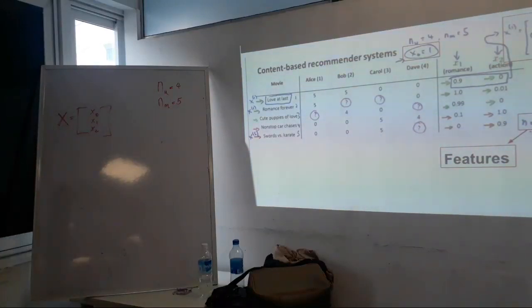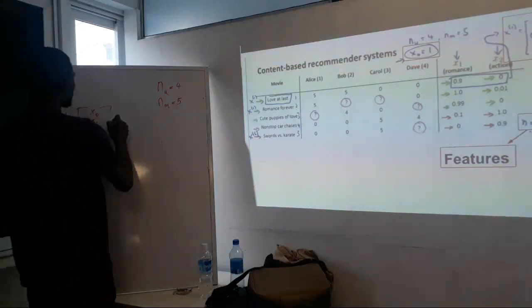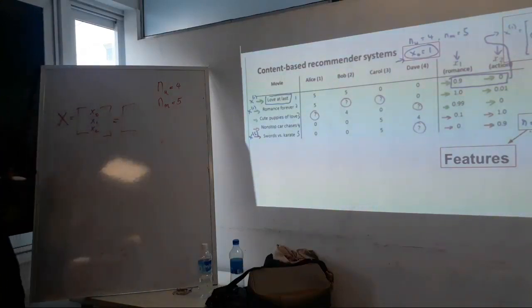Does it make any sense? Yes. Does it make any sense? Yeah. Hello, people from the back. Does it make any sense? Yeah. So what are we going to have here? One.